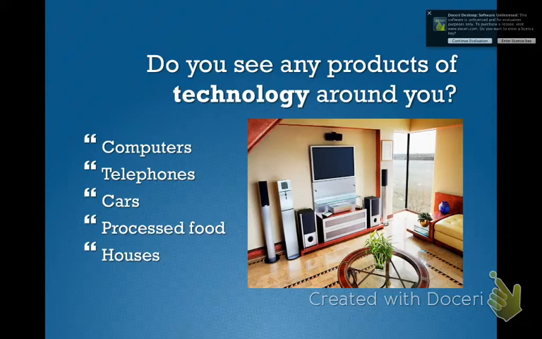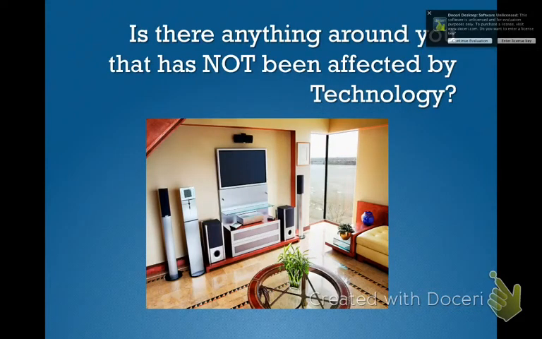Now, I want you to start thinking, is there anything around you that has not been affected by technology? You can start trying to figure out some things, but people say air.